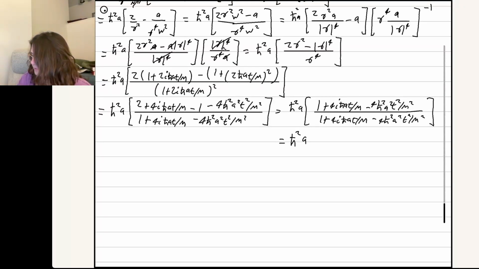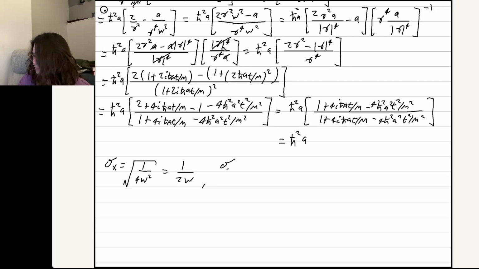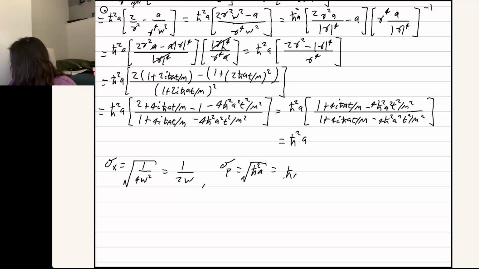Finally, we can get sigma x and sigma p. So sigma x will be the square root of whatever we got for the expectation value of x squared, which is 1 over 4w squared, which we can write as 1 over 2w. Sigma p will be the square root of h bar squared a, which we can just write as h bar root a.